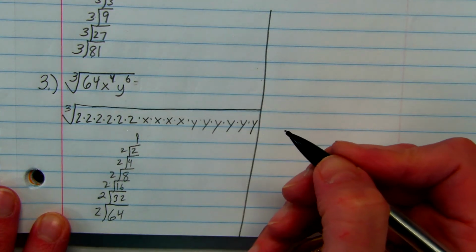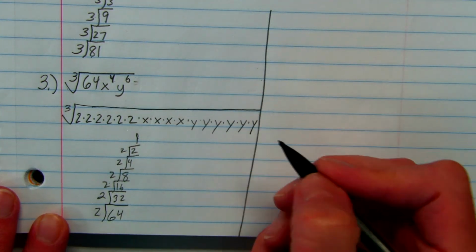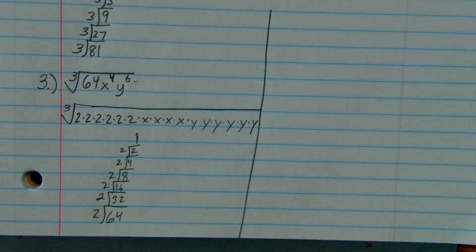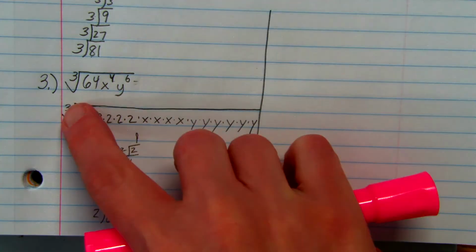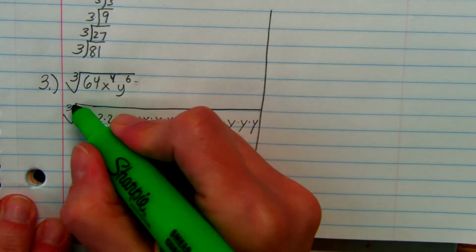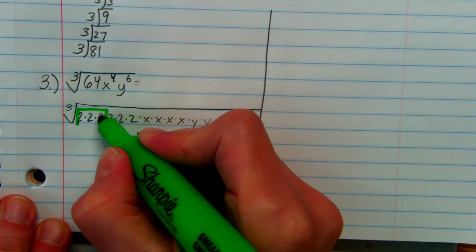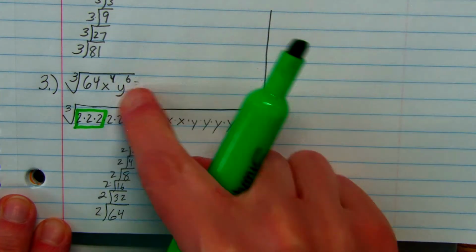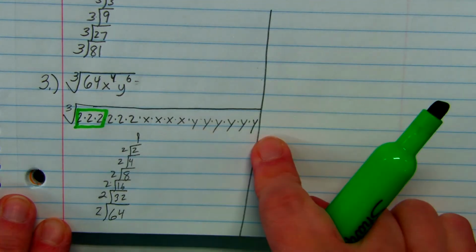All right, so what you do, if this is a cubed root, we're going to do groups of 3, and you do the x's and y's just like you would normal numbers. I know you got 4 x's. So y to the 6th means that you need 6 y's.